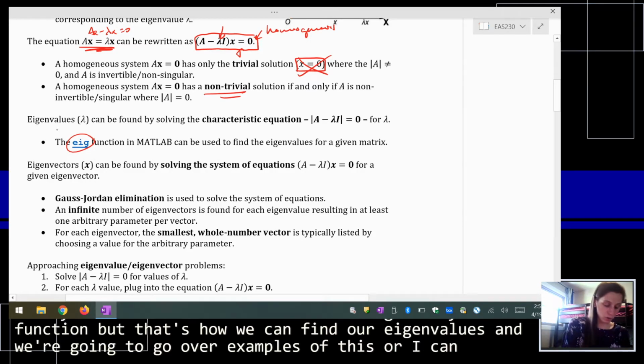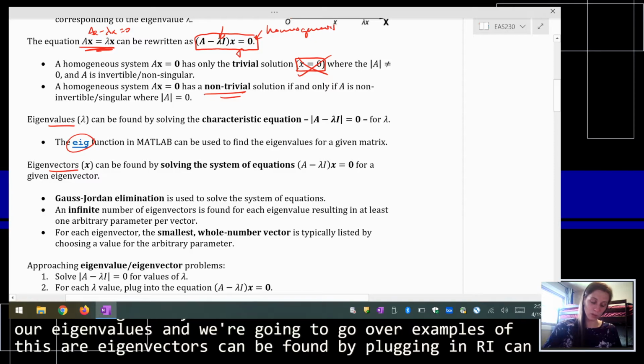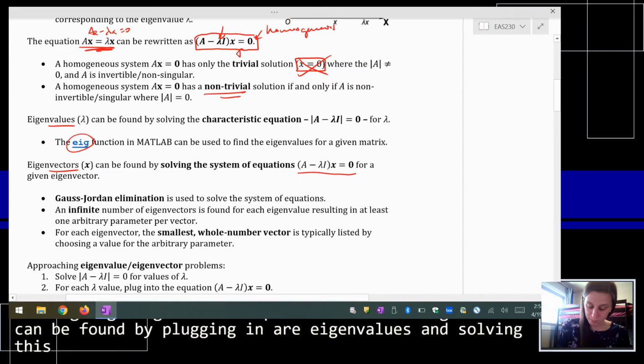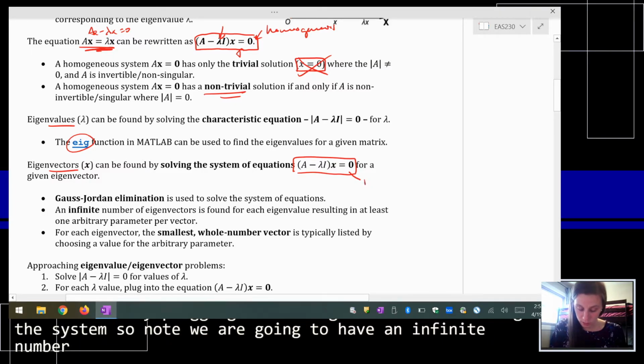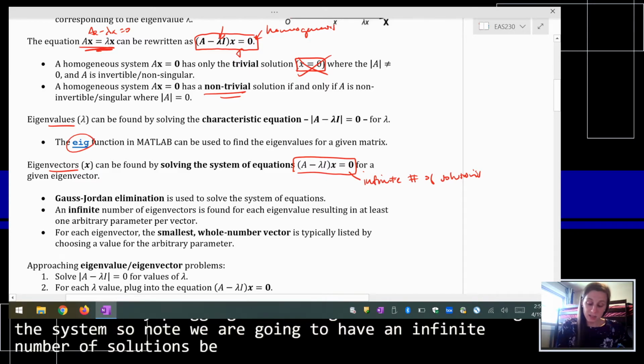Our eigenvectors can be found by plugging in our eigenvalues and solving this system. So note, we are going to have an infinite number of solutions, because we make sure that our determinant equals 0.